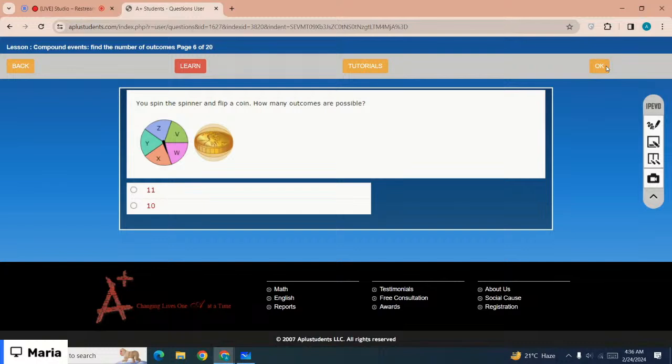Now you spin the spinner and flip a coin. How many outcomes are possible? Which is the correct option? Yes, the correct option is 10.